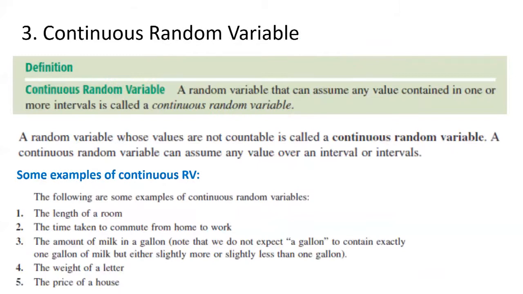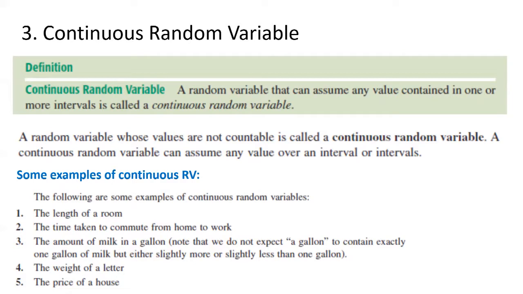Okay, by comparison, the second type of random variable is called continuous random variable. By definition, a random variable that can assume any value contained in one or more intervals is called a continuous random variable. Right? A random variable whose values are not countable is called a continuous random variable.